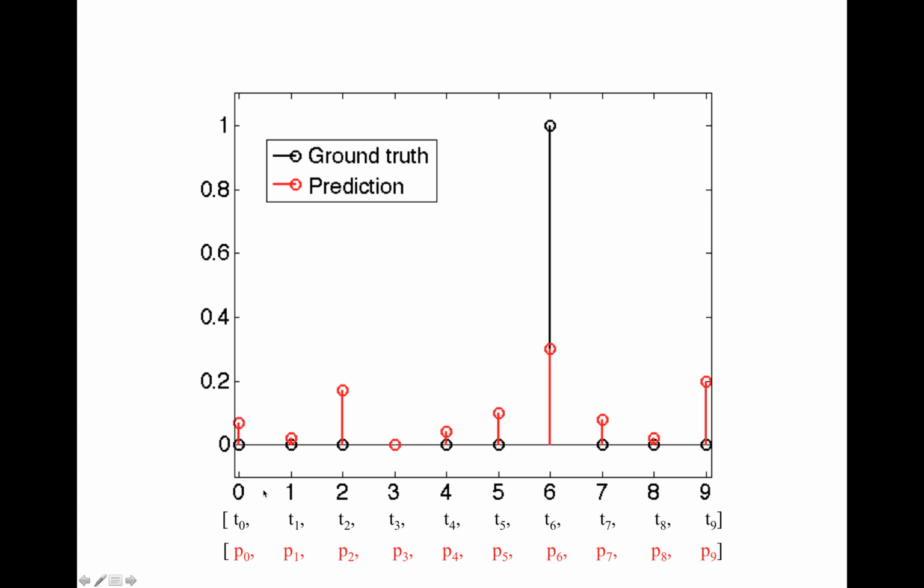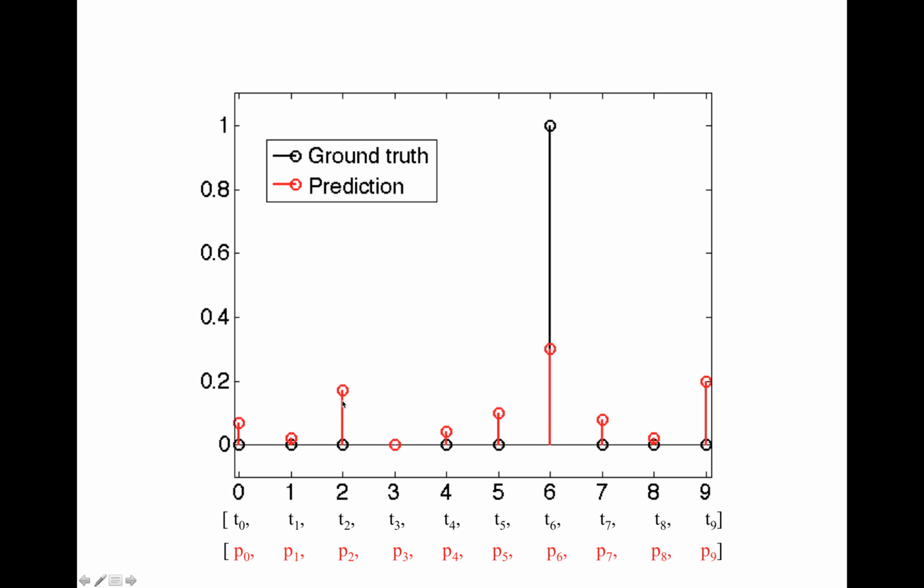So using a probability distribution over the 10 possible digits can give us a better idea about how confident we are in our prediction. For example, for this particular prediction, the probability of 6 is sort of the largest, right? But it's not really that much larger than 2 or 9. So in this case, the prediction is not really that confident.